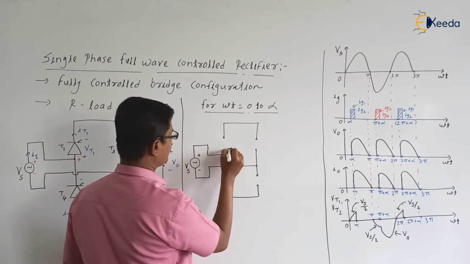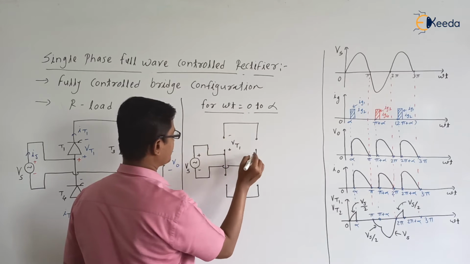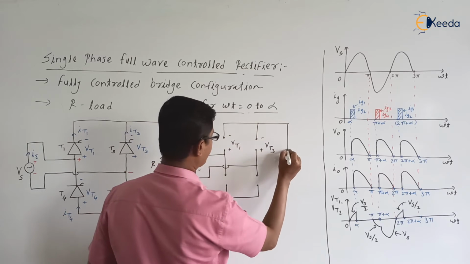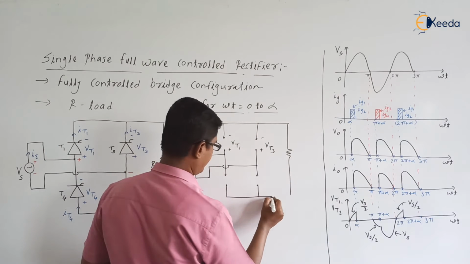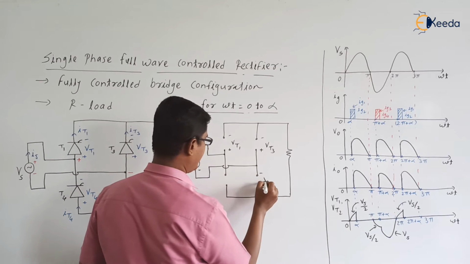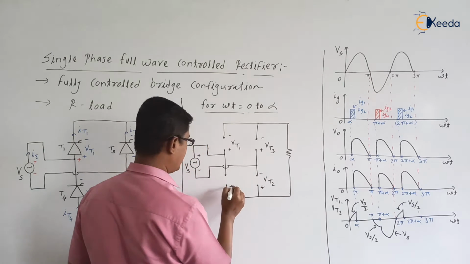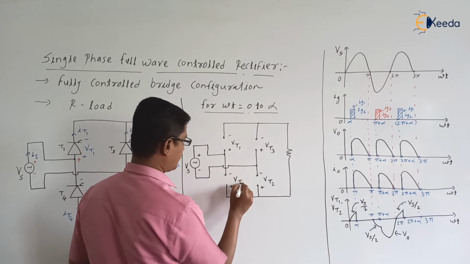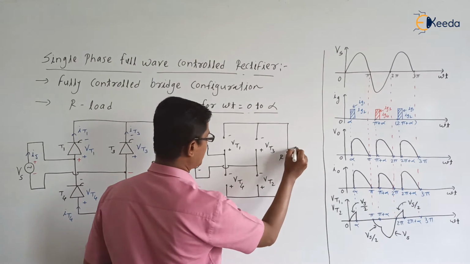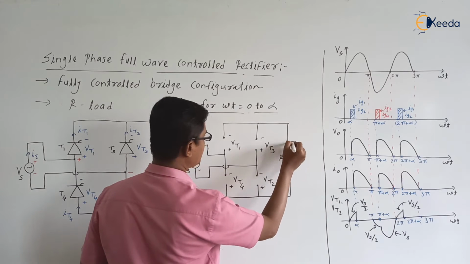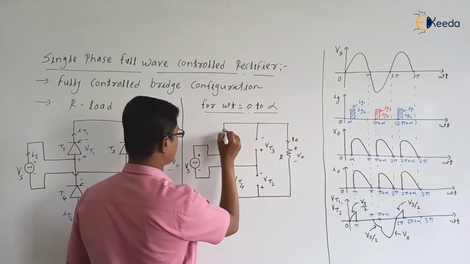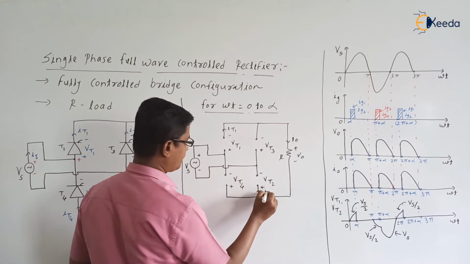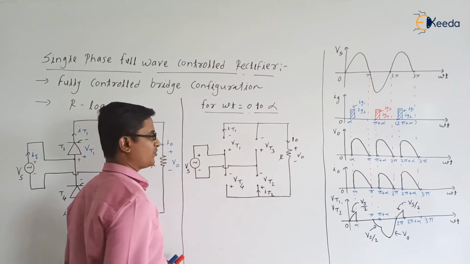So this voltage is Vt1, this is Vt3, next Vt2, and here it is Vt4. Resistive load, this voltage is V0, current is I0. This current is IT1, this current is IT2. Similarly, IT3, IT4 we are having.